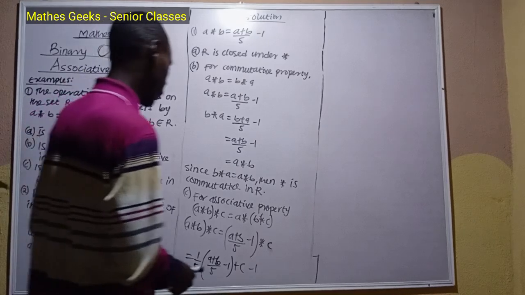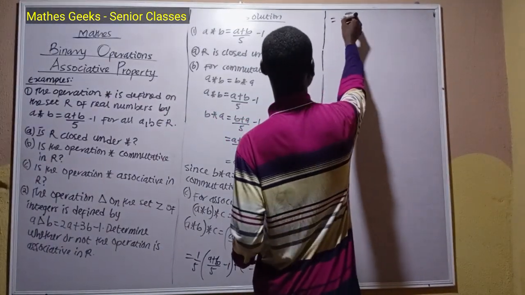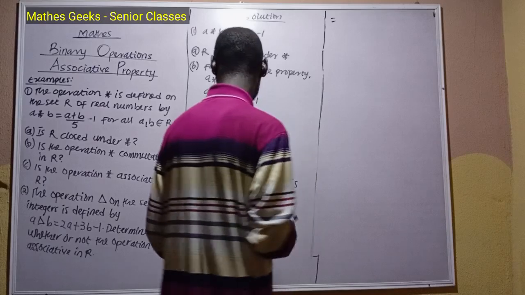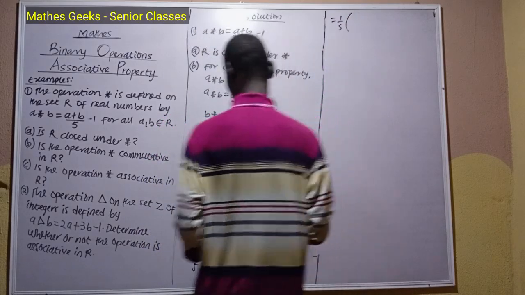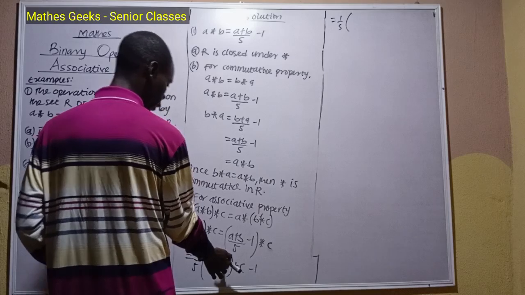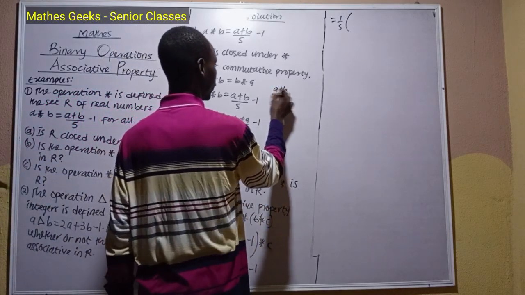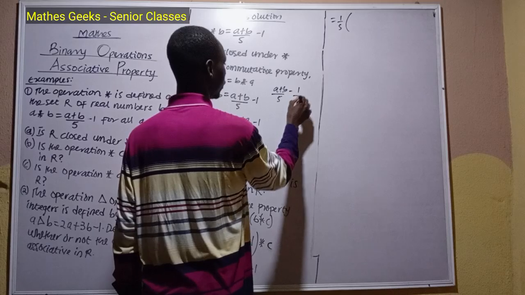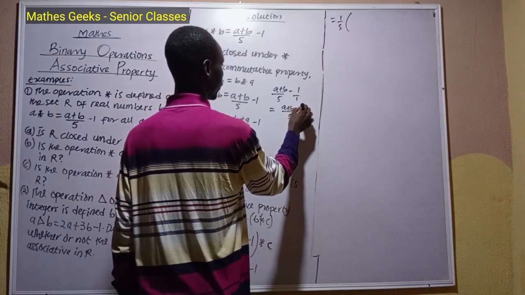So let's simplify that. This will give us 1 over 5. I'm going to look for the LCM of (A plus B) over 5 minus 1. So the LCM is 5, giving A plus B minus 5.